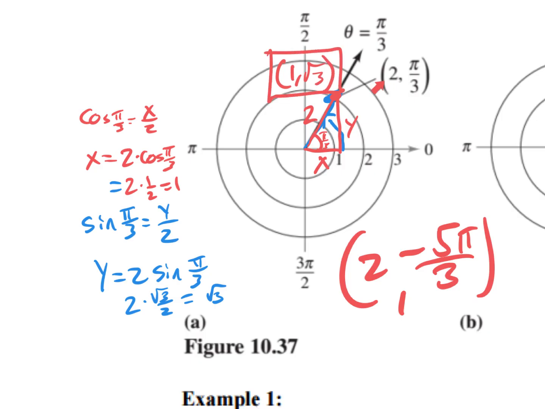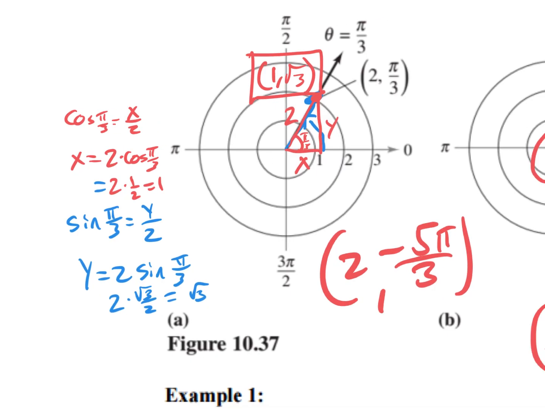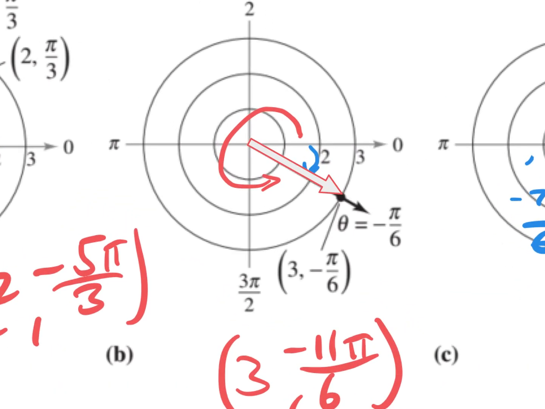So we have polar coordinates and rectangular coordinates. If you got rid of the circles and just thought of this as the xy plane, that's what your coordinate would be. It turns out we can do the same thing.